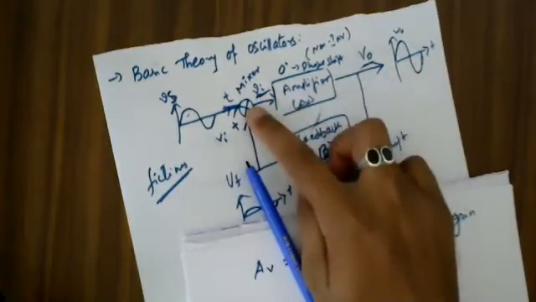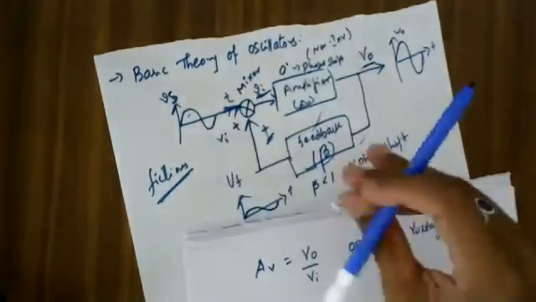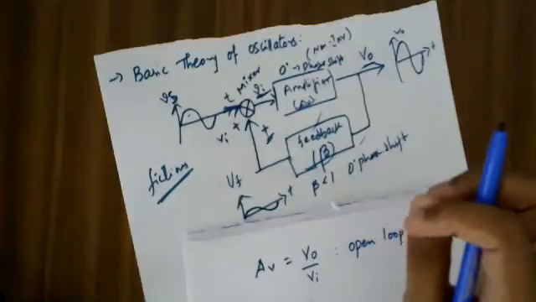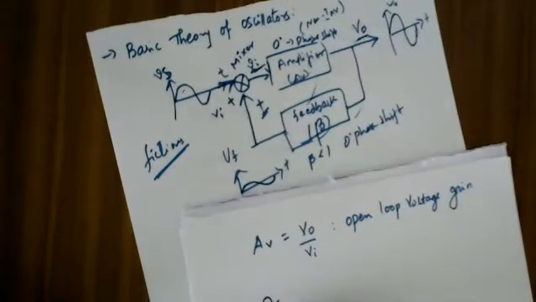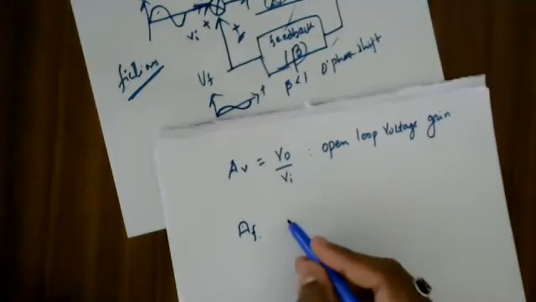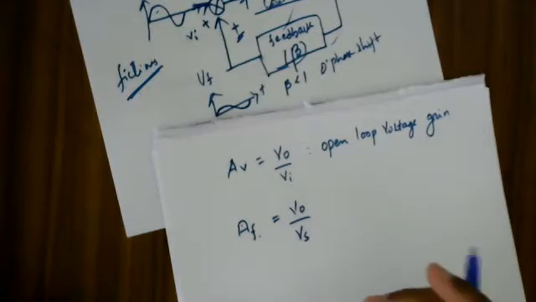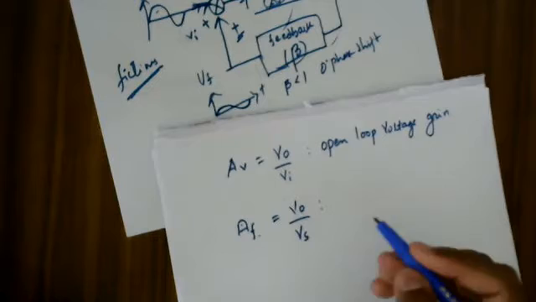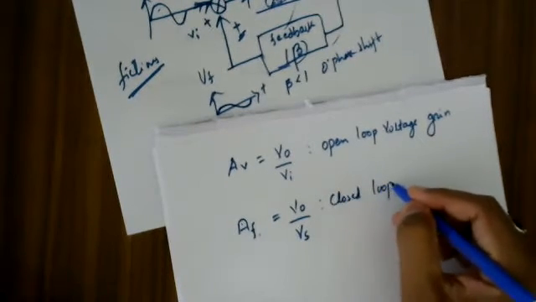If you want a closed loop system, then it is V out divided by Vs. So gain with the feedback, Af, is given by the ratio of V out divided by Vs, wherein this is said to be the closed loop voltage gain.